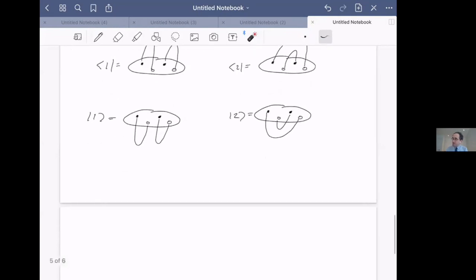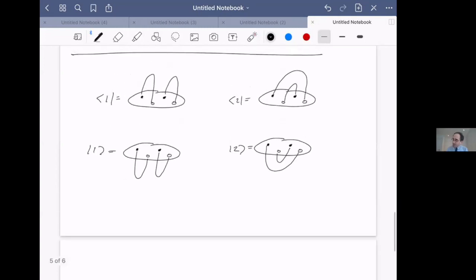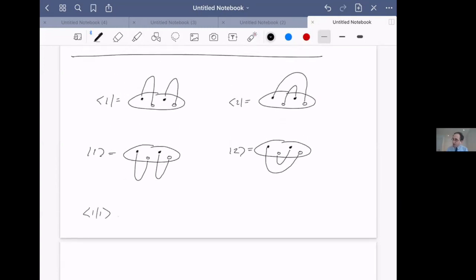So for example, if I want to calculate <1|1>, here's the physical system in the middle, and then it looks like this on top and like this on the bottom, and so that's two loops, and so that's d squared. I could do the same thing with <2|2>.